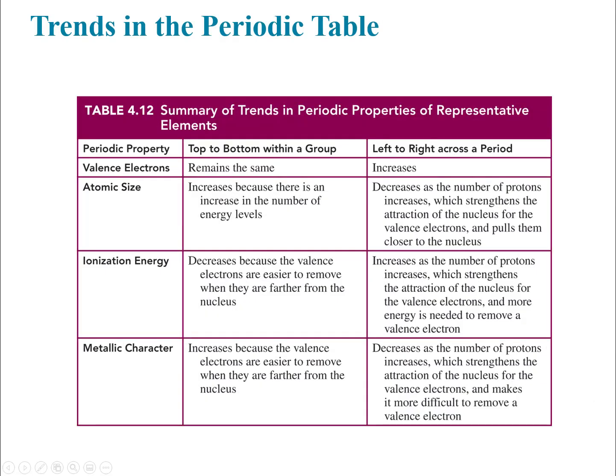The last bit of chapter 4 is trends in the periodic table. We've got valence electrons, which we'll talk about a little bit. And valence electrons, actually I'll just write it in the box. Save some space.